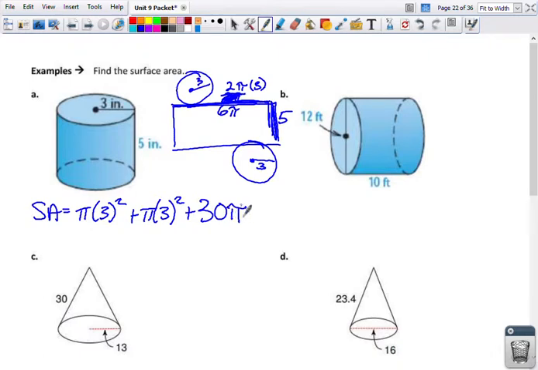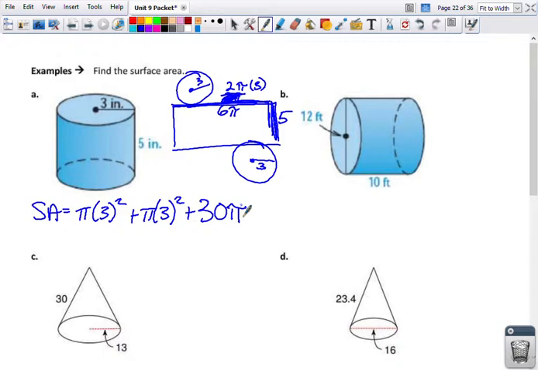Okay, we plug all that in. I'm going to snag my calculator here. Apologies for the delay. Plug all that into your calculator all at once. You might be able to shortcut some of those things. I would just do 9 pi plus 9 pi plus 30 pi, and hit enter.